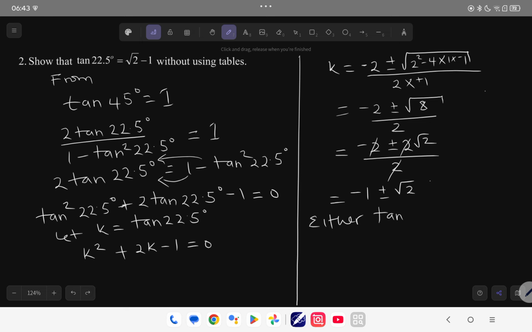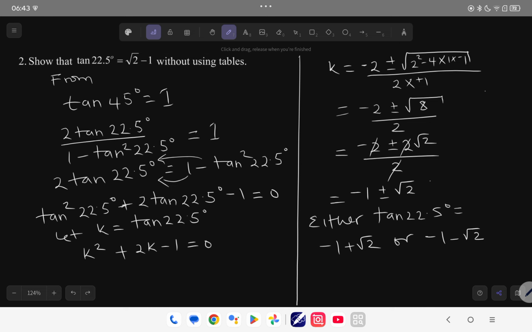So either tan 22.5 degrees is equal to negative 1 plus root 2, or negative 1 minus root 2.